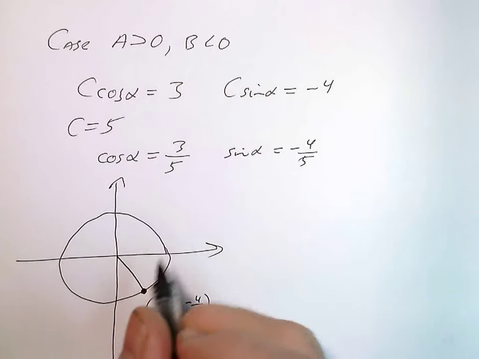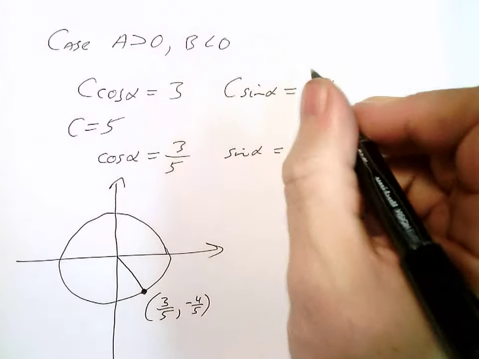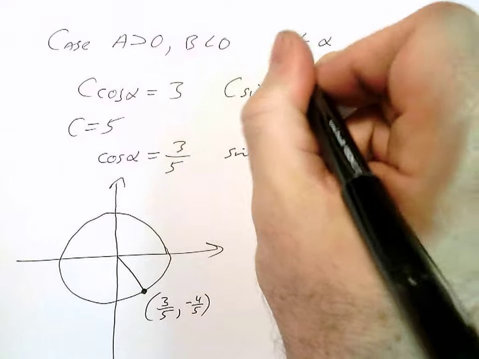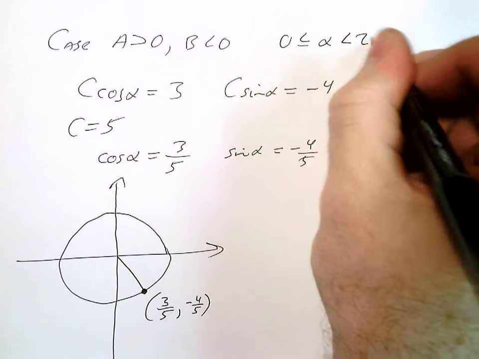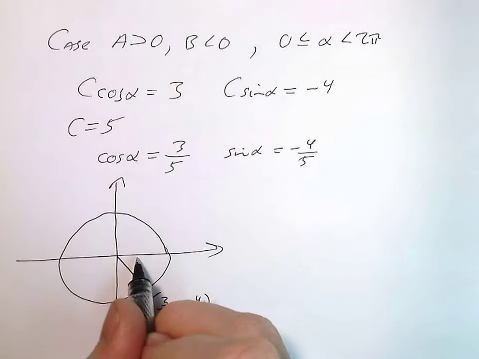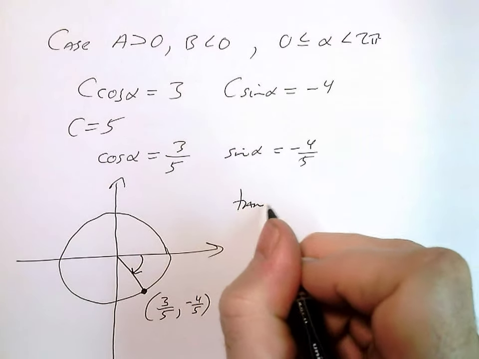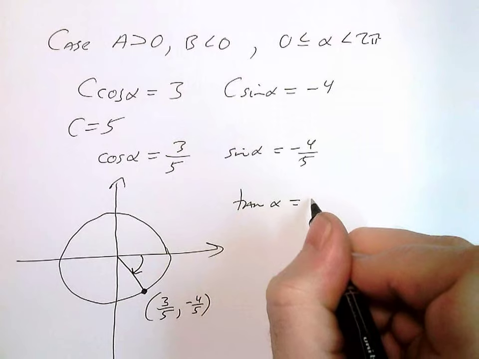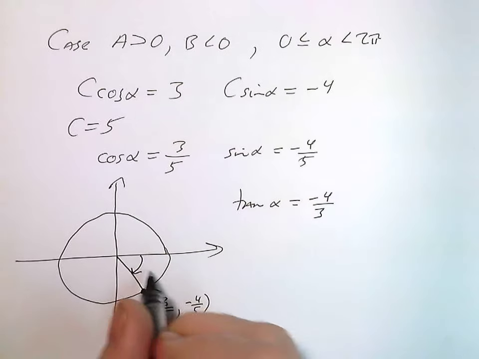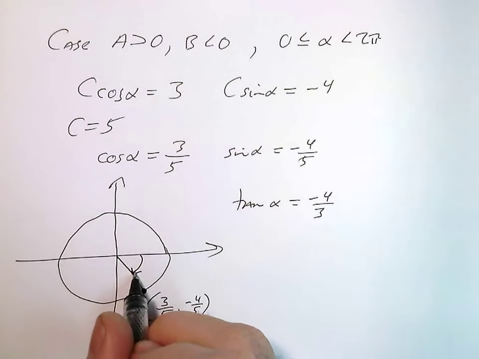And if I require alpha here to be between 0 and 2 pi, my arctangent gives me this negative answer here. So my tangent of alpha here is negative 4/3. This is a negative angle.